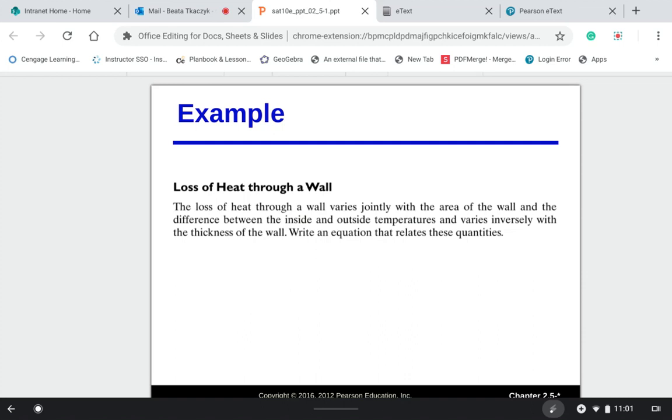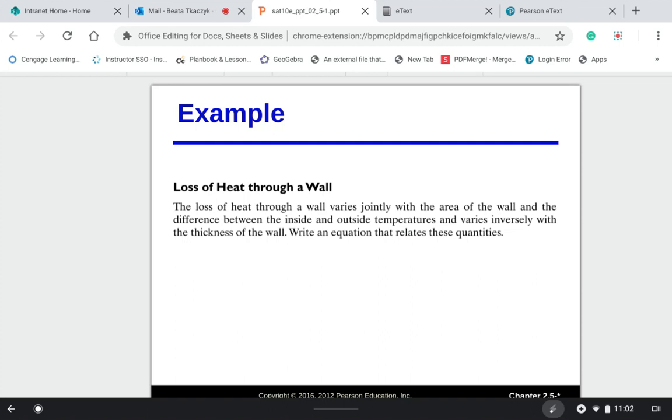Loss of heat equals K, which is the constant, always K at the beginning, times area times T, the difference of temperature. How do I know it's only multiplication? I gave you in the definition that jointly means joint variation: you have more than two variables and it's only multiplication in the formula.